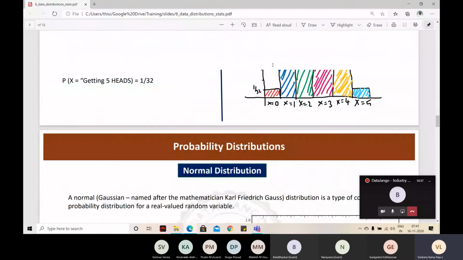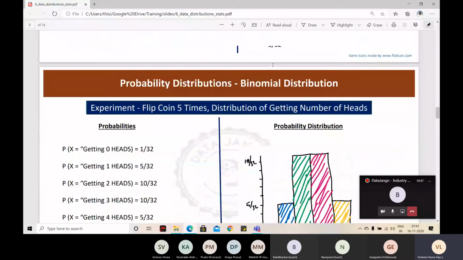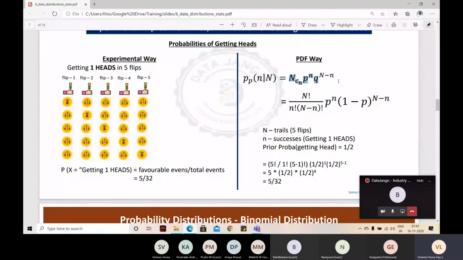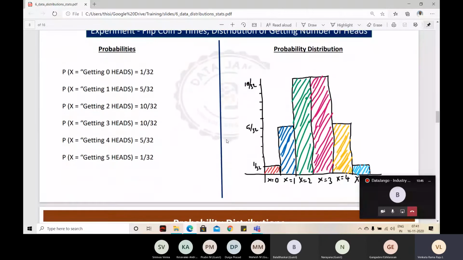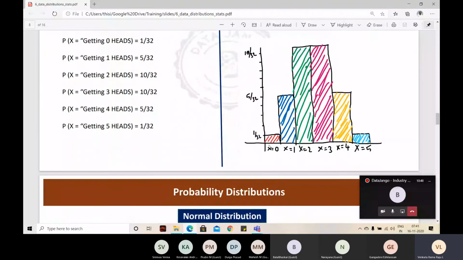Okay, and this formula, the probability density function, is derived by doing many experiments. Here, if you look at this bar graph, the bar widths are very big, right?